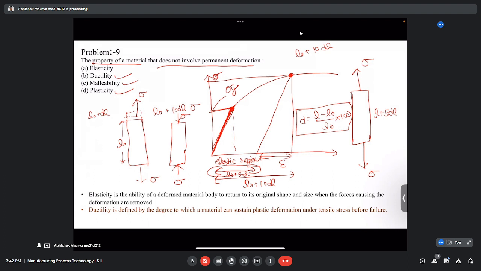If we combine both, or apply load in any arbitrary direction, the permanent deformation because of that load is called plasticity. So except elasticity, the other three are associated with permanent deformation, so they are not the correct answer. The only correct answer is elasticity.